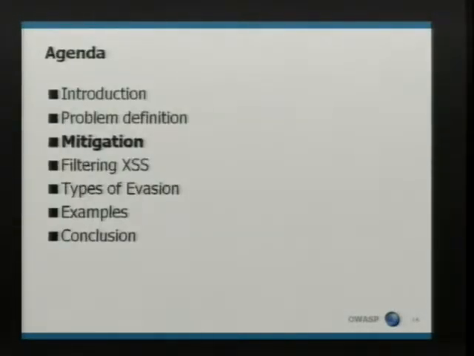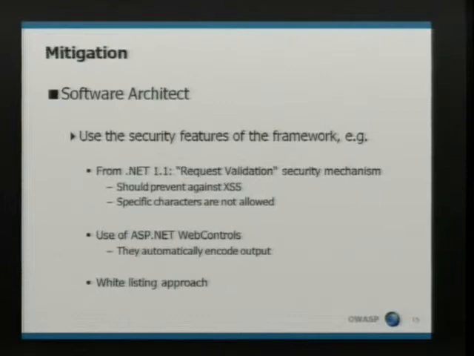So the mitigation, the software architect. It comes up because there's some functional specification from the manager, which goes to the software architect and tells them, okay, this is what we need, what can you do right now?